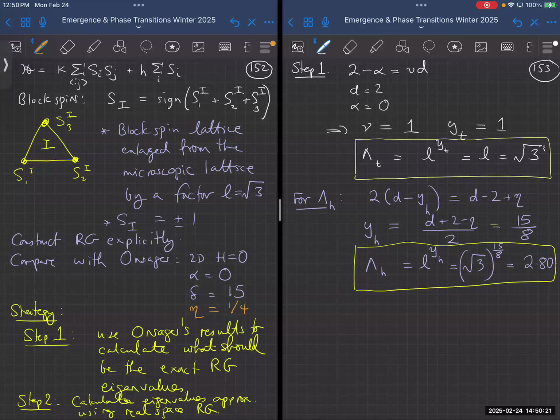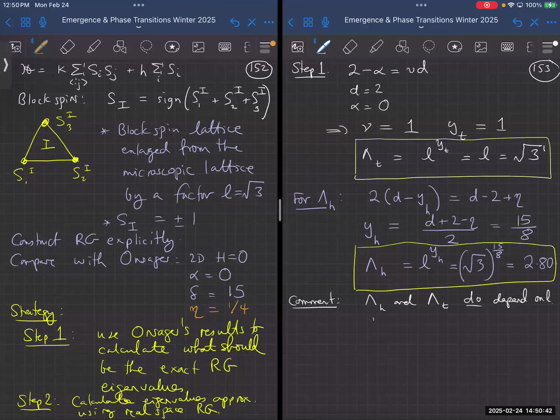So notice that lambda h and lambda t, these are the two renormalization group eigenvalues, those do depend on L. Okay.